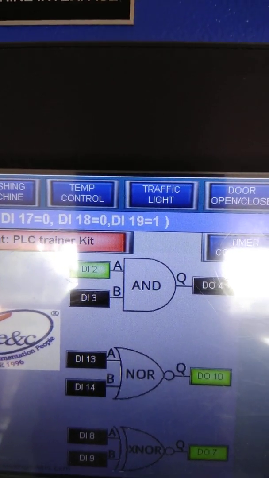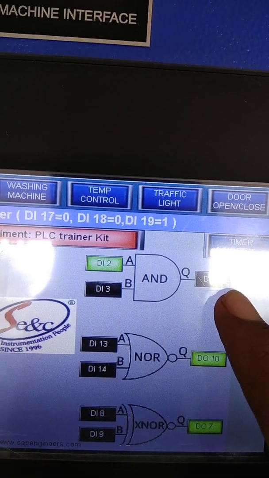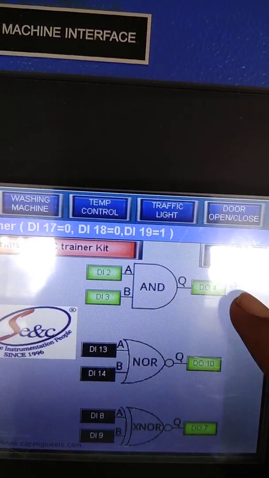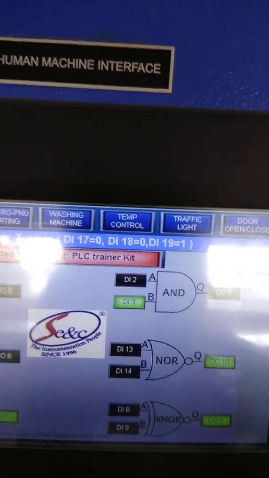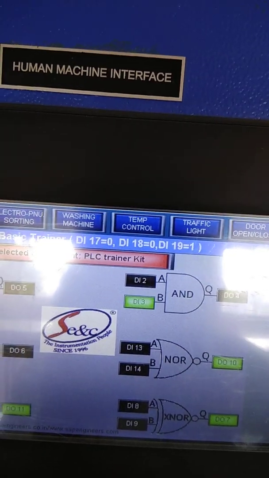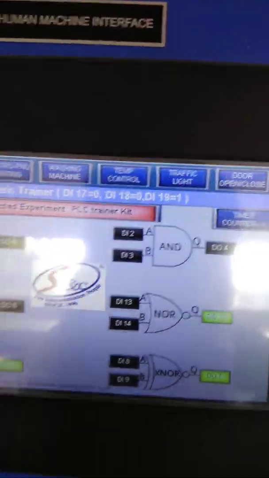Now condition is 1, 0. For 1, 0, output is 0. For 1, 1, output is 1. For 0, 1, output is 0. And for 0, 0, output is 0.